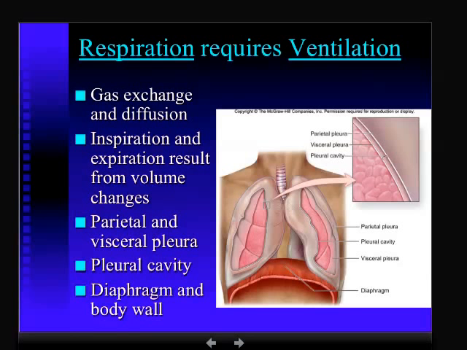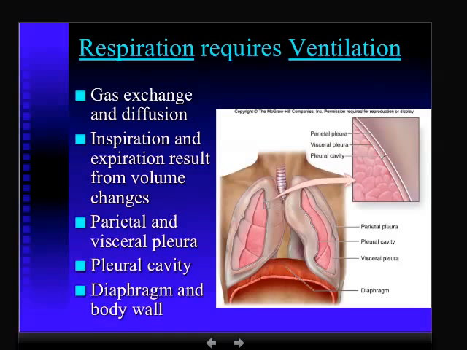And if I lower the pressure in here, any pressure change here is going to be reflected inside the lung as well. All right? So whether I'm talking about pressure in the pleural cavity, I can say that's equal to pressure in the alveoli.